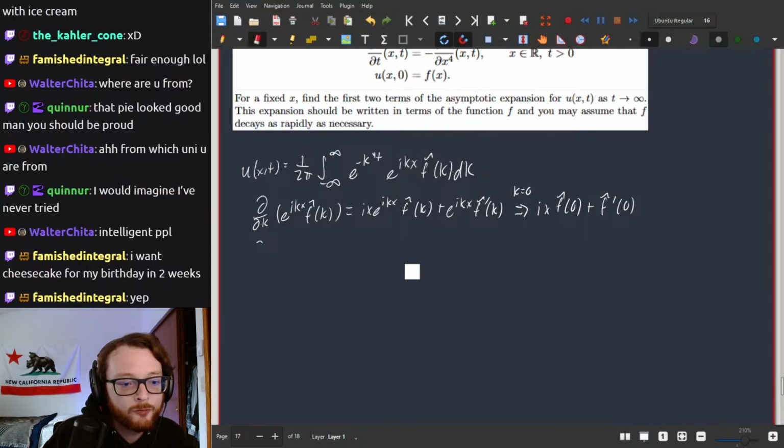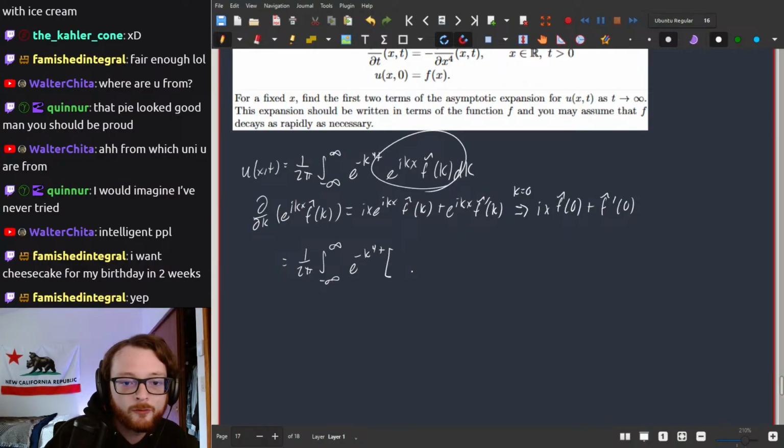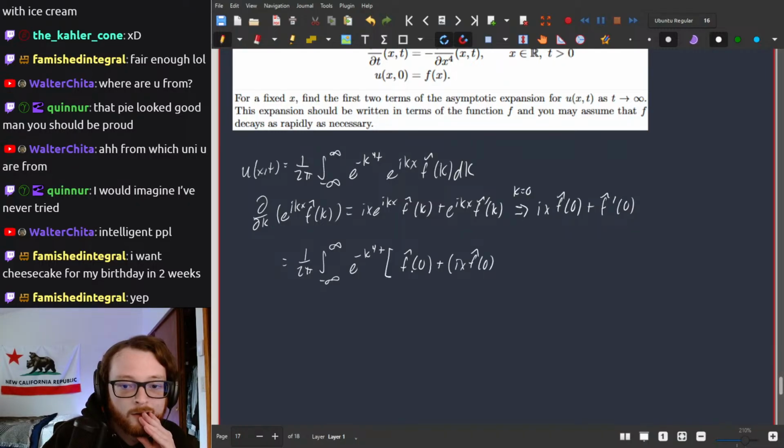Oh, wait. So maybe I don't need the second derivative. Okay, so the first term, we just take this, plug in k equals 0. That's how Taylor expansions work, I think. The second term, this is the constant times k dk.